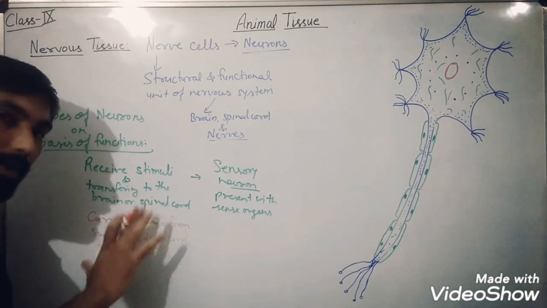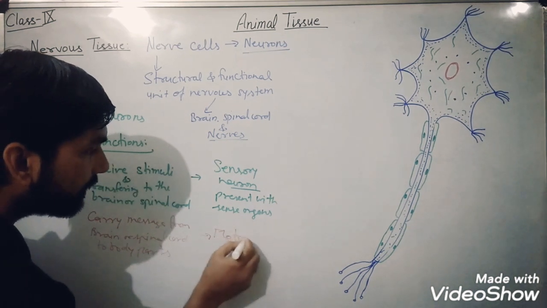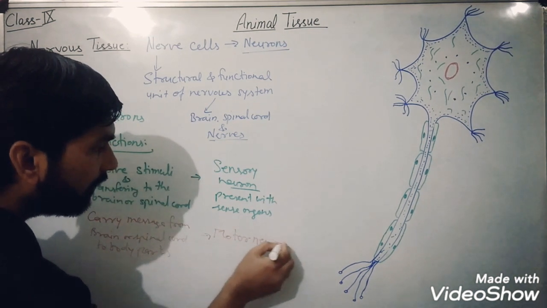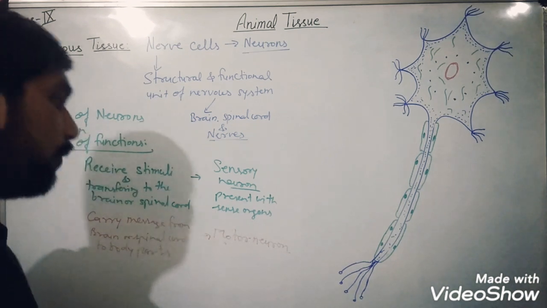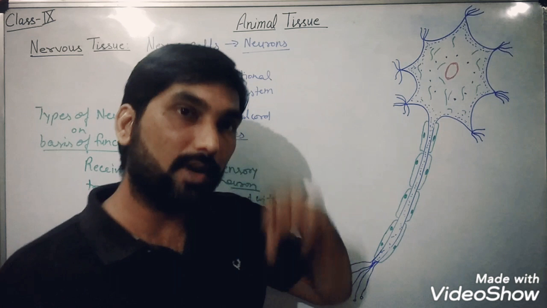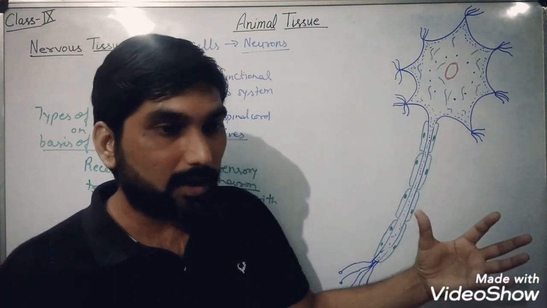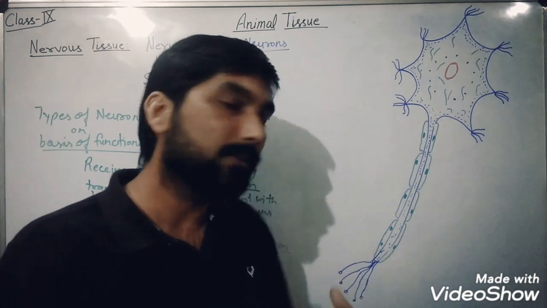Such types of nerves are known as what? Motor neurons. Why do we call them motor neurons? Because they are going to transmit signals from the brain or spinal cord immediately to the effector organs, which are responsible for movement of our body parts.